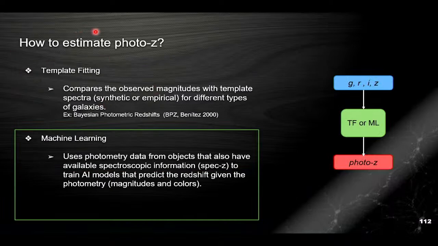People usually do template fitting, so they make a likelihood estimation, or a minimum square estimation, and sometimes more fancy stuff like a Bayesian approach to obtain the photo-z. Okay, this method is done on CPUs.